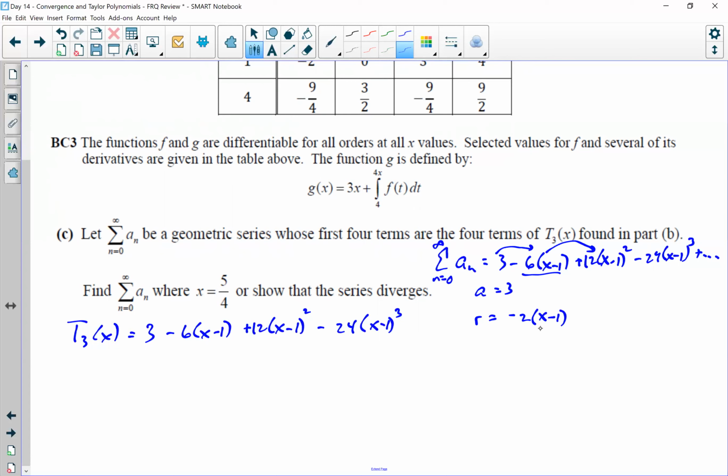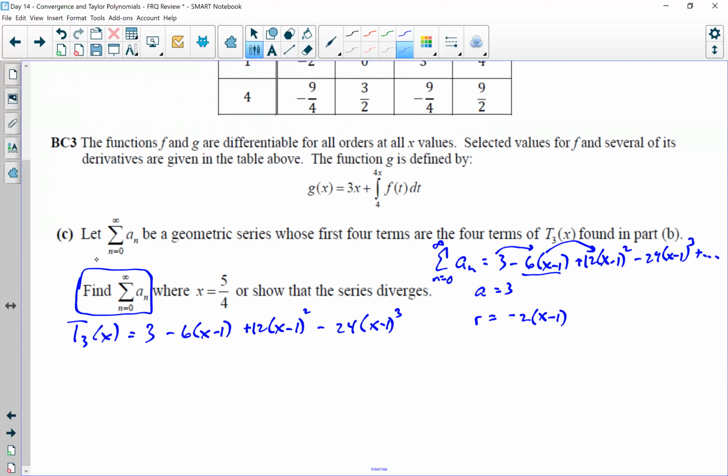And so we've got this geometric series, and it says, find the sum, right? Remember, what we're learning right now in Calc BC, the only series that we actually know the sum of... We've talked a lot about convergence and divergence. We've talked about the alternating series, p-series, the ratio test. All of those things will tell us whether the series converges or diverges.